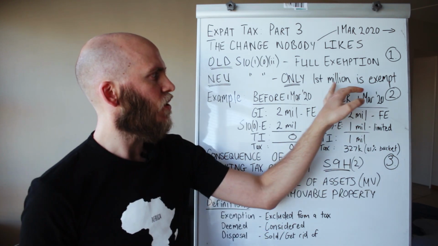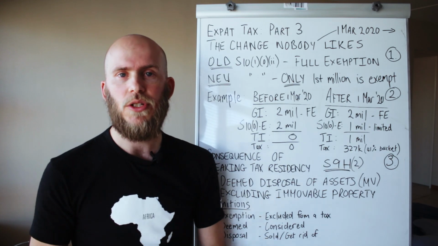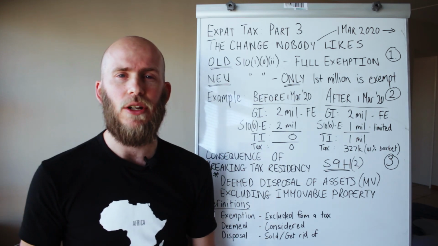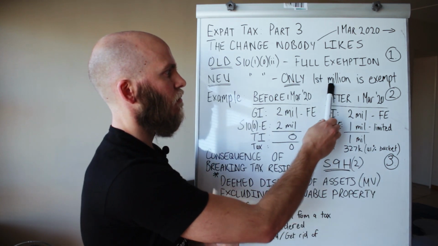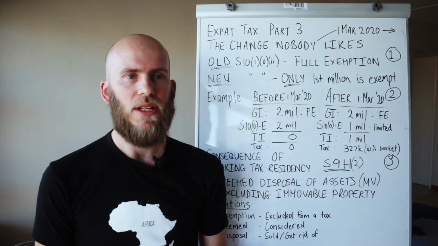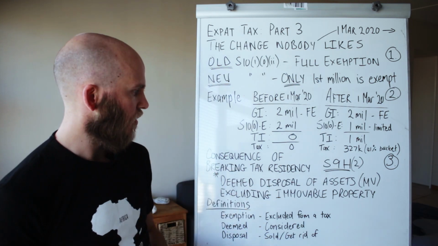The first million is quite a lot of money, but the first million is in rands, which means that people are often paid in dollars or in pounds. That means that this amount is reached quicker, which means that basically a lot of the money is going to be taxed.